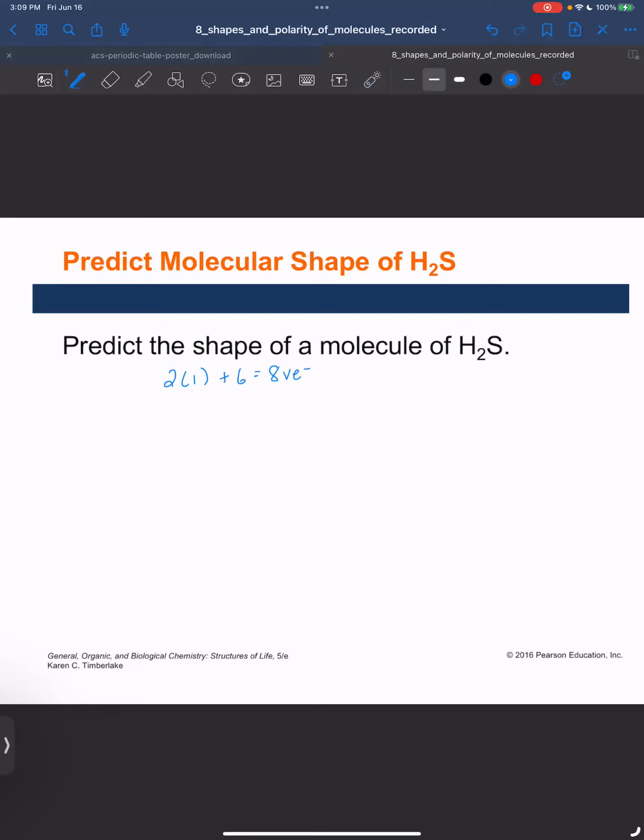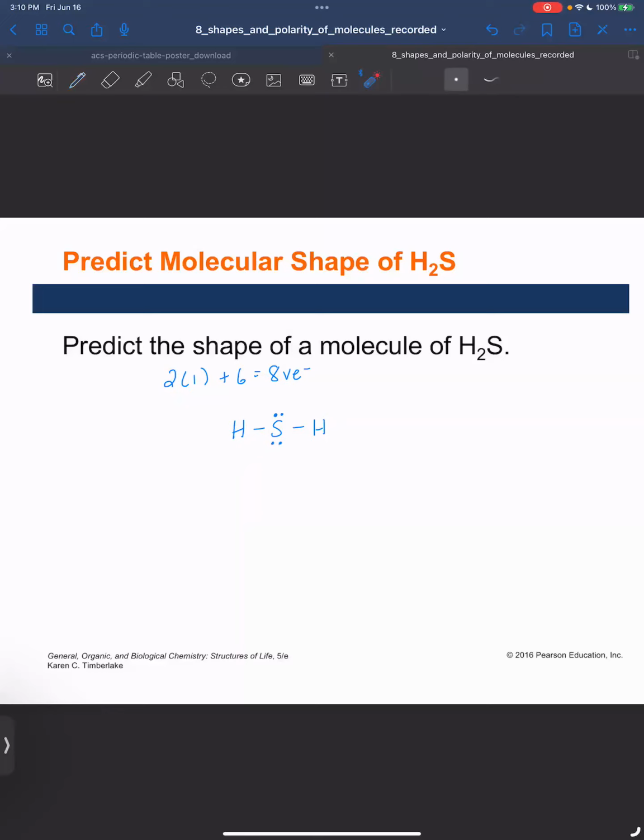Now, sulfur has to be the central atom. Hydrogen needs to always be on the outside because it can only form 1 bond. I've already connected the skeleton together. And then I have 1, 2, 3, 4. Any leftover valence electrons go on the outside atoms, but that's not the case here because hydrogen cannot have more than 2 electrons. So the leftover electrons, the 4, go now on the central atom.